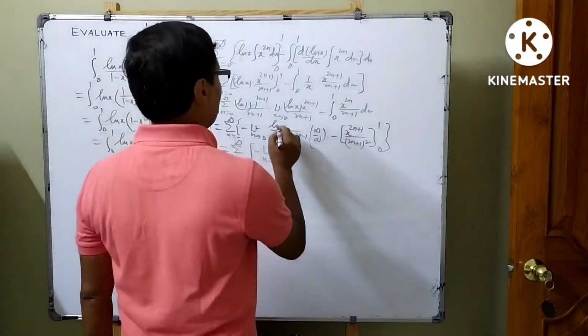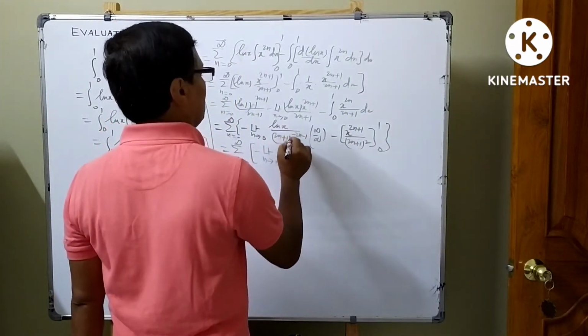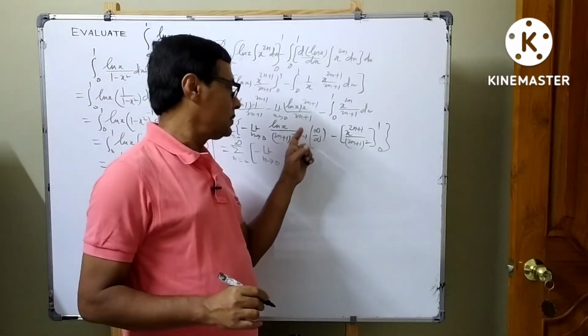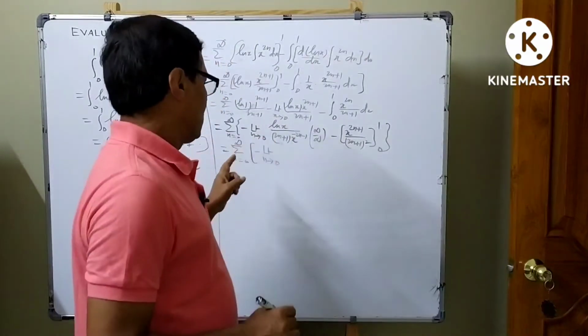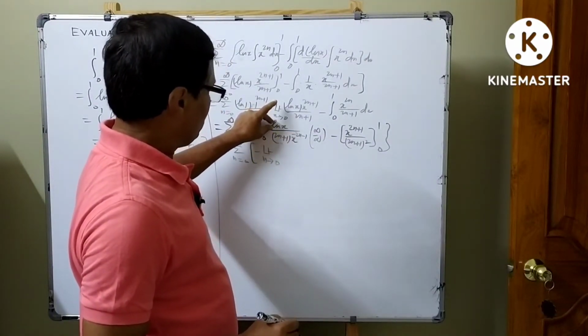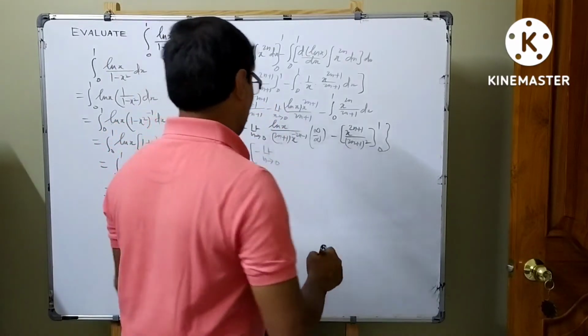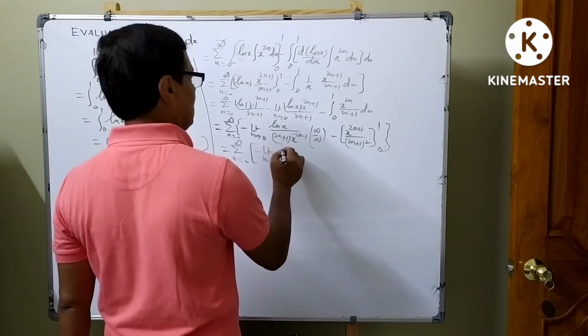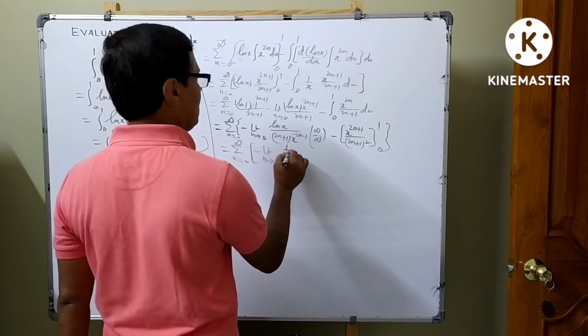We differentiate both numerator and denominator. The derivative of the numerator, natural logarithm x, is 1 over x.